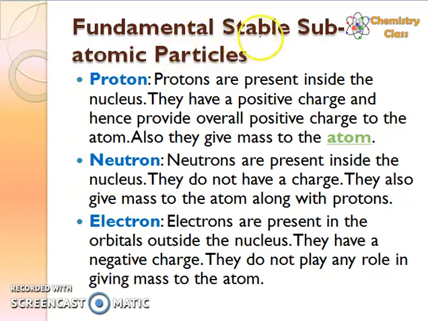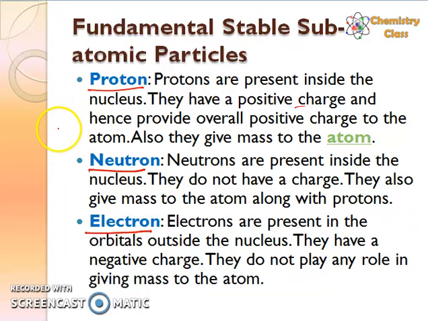The fundamental stable subatomic particles present in an atom are proton, neutron, electron. Protons are present inside the nucleus. They have a positive charge and hence they provide overall positive charge to the atom. They also give mass to the atom.